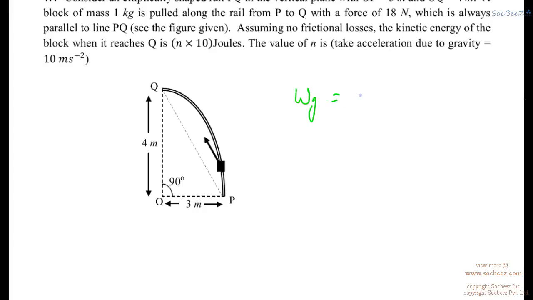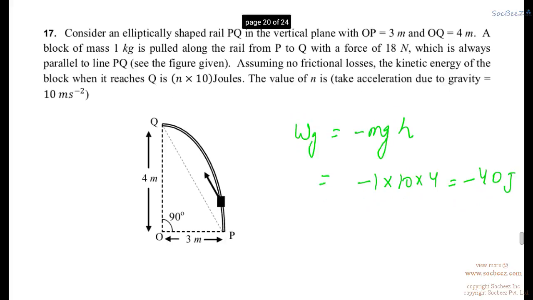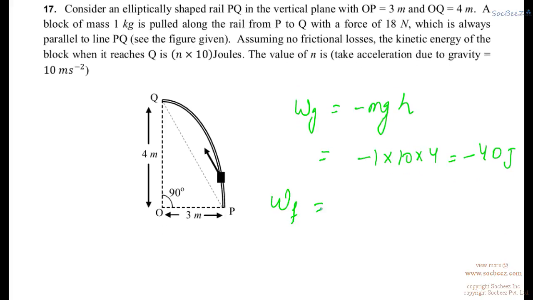Well, here Wg, work done due to gravity, is minus mgh. We know this. So this is equal to minus 1 into 10 into 4, which is minus 40 joules. Now the work done due to force F is F into d, which is equal to 18 into 5, which is plus 90 joule.